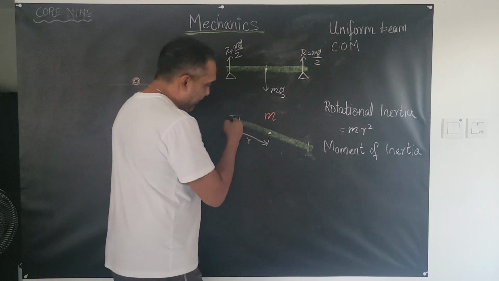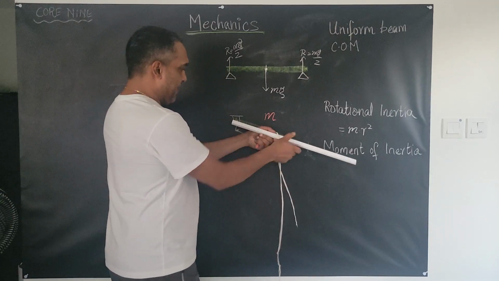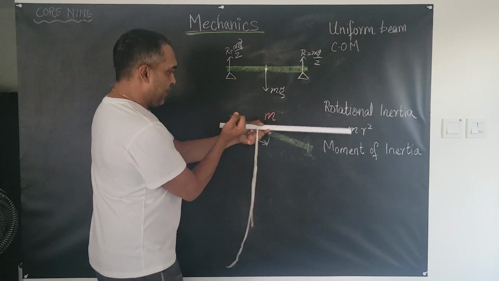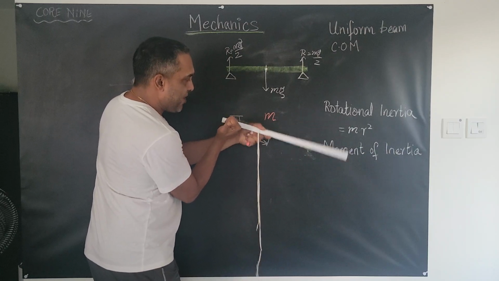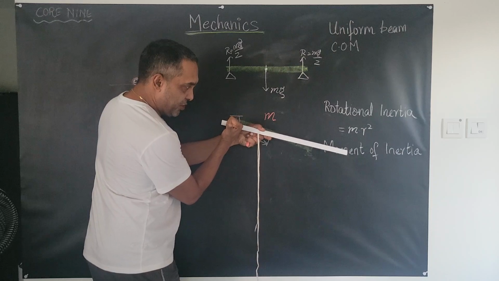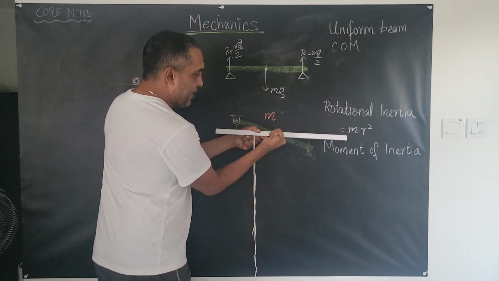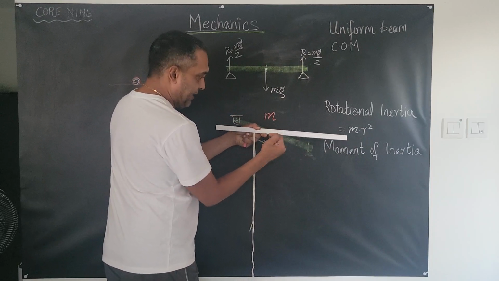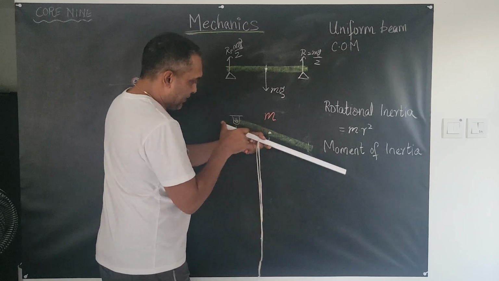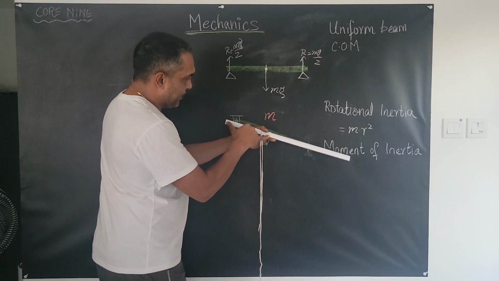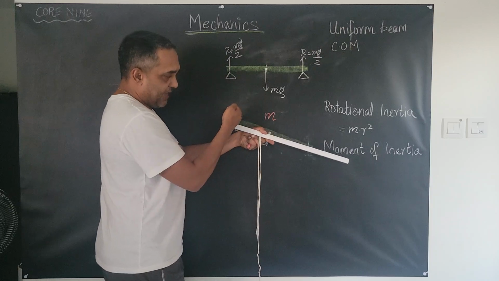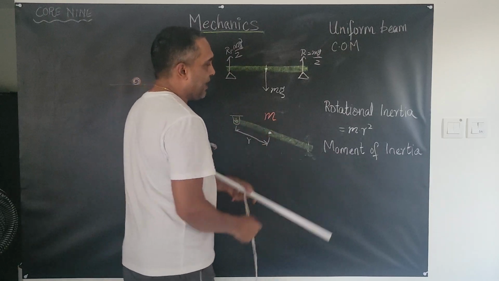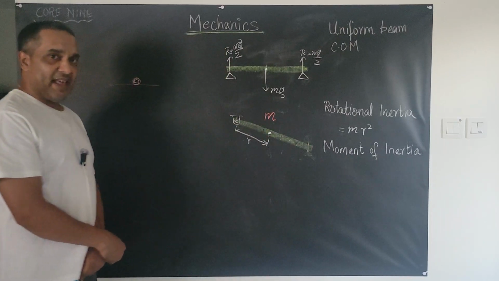If you notice here, we have this, and we have a perpendicular axis to it, and it was moving here. So it's two dimensions here, and the axis is a third dimension. But if I was here, there was no such thing. It was basically the center. There was no parallel distance between the center of mass axis and the rotational axis. They come together, and therefore you would get a zero value.